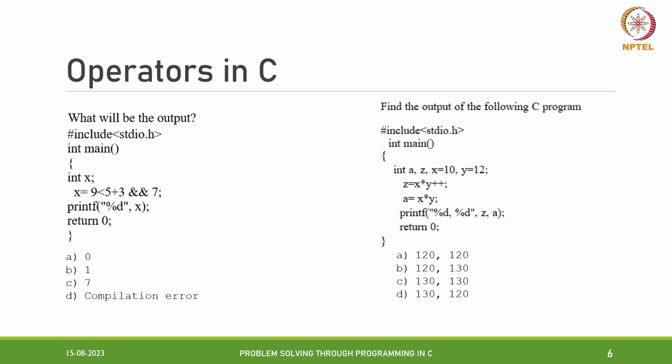So let us look at a few questions for that. Here we have a combination of operators. You have to remember that the arithmetic operators have higher precedence than the relational and the logical operators. I'll show you the exact table.